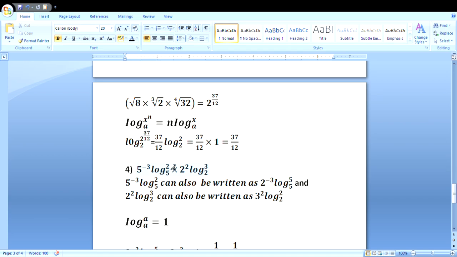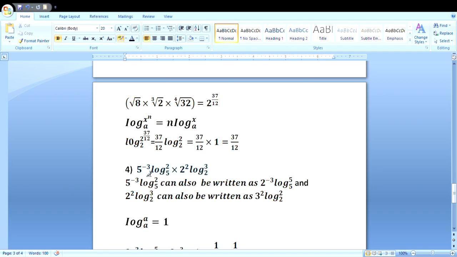So similarly, the base here is 2, and the power here is 2. Here the logarithm argument is 3 and the base is 2. So here we transfer this 3 to replace the base here, which is 2, while the 2 will be transferred to the logarithm.